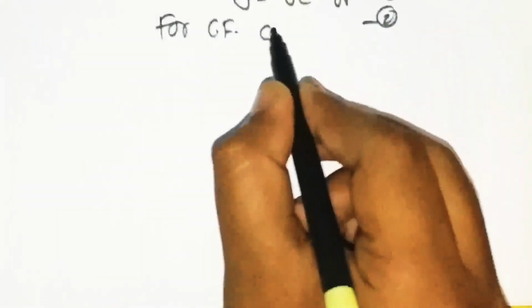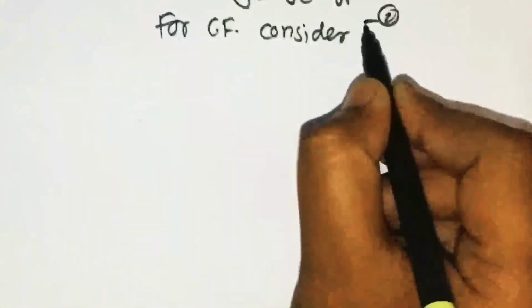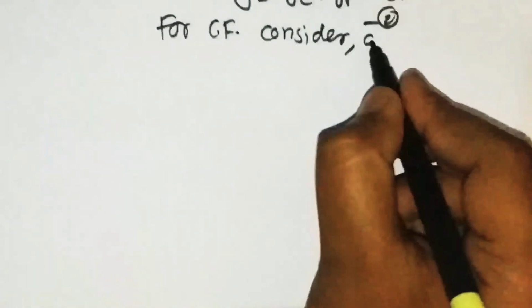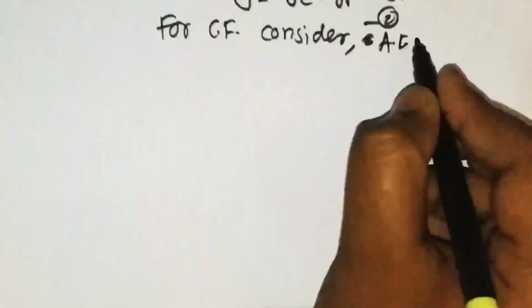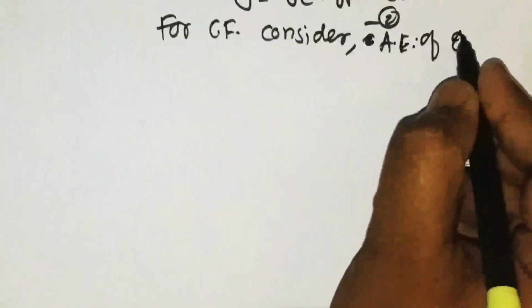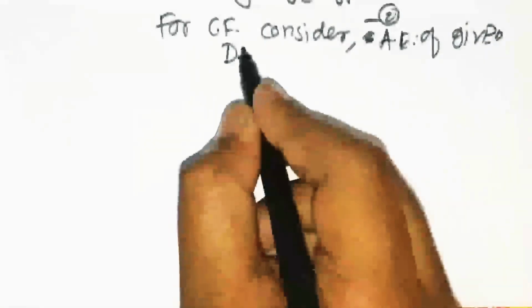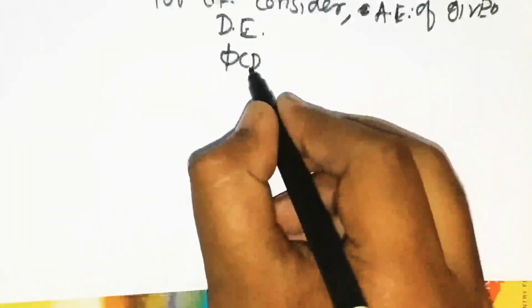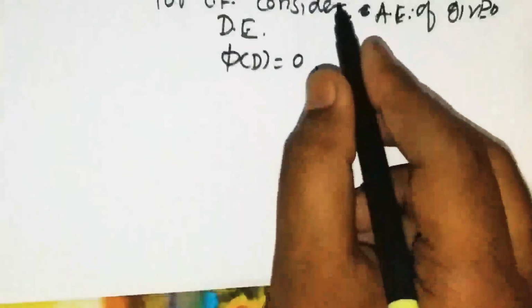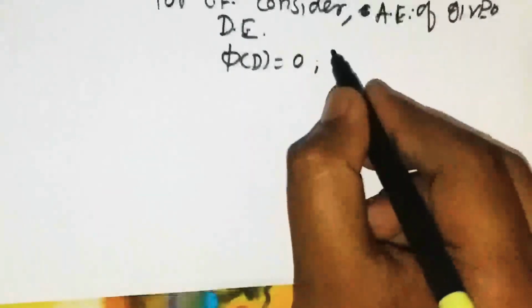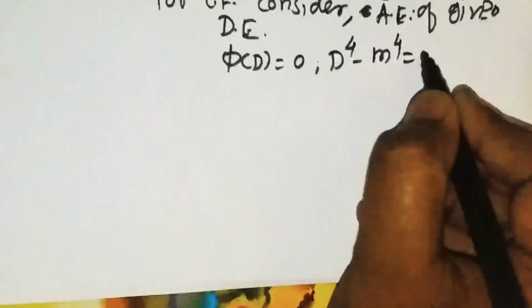For calculating CF we consider the auxiliary equation of the given differential equation, which is phi of D equal to 0, the coefficient of y in the differential equation, and that is D to the power 4 minus m to the power 4 equal to 0.